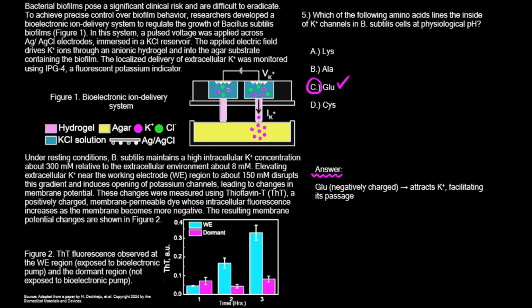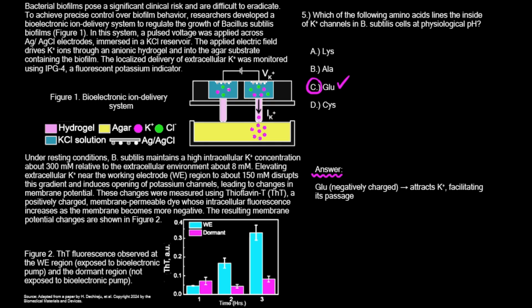Answer choice C, glutamic acid, is negatively charged at physiological pH and it attracts K+, which facilitates passage of K+ ions. Cysteine, on the other hand, is neutral at physiological pH and it does not strongly interact.